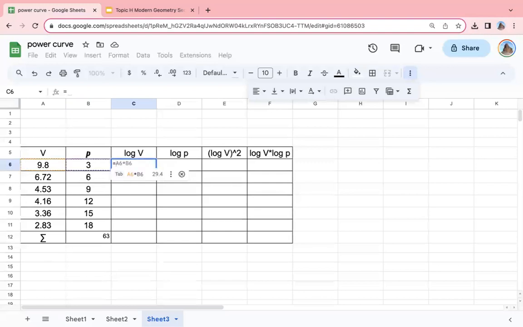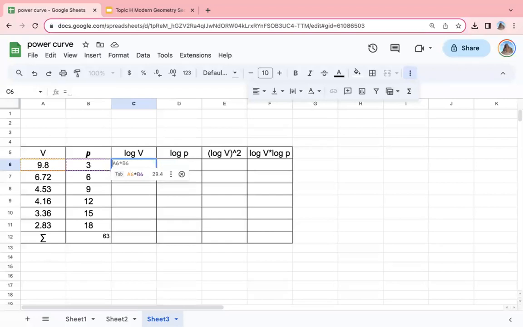Instead of using a calculator and inputting log 9.8, log 6.72 one by one, you can use Microsoft Excel. But right now, I am very comfortable using Google Sheets, and it's free.